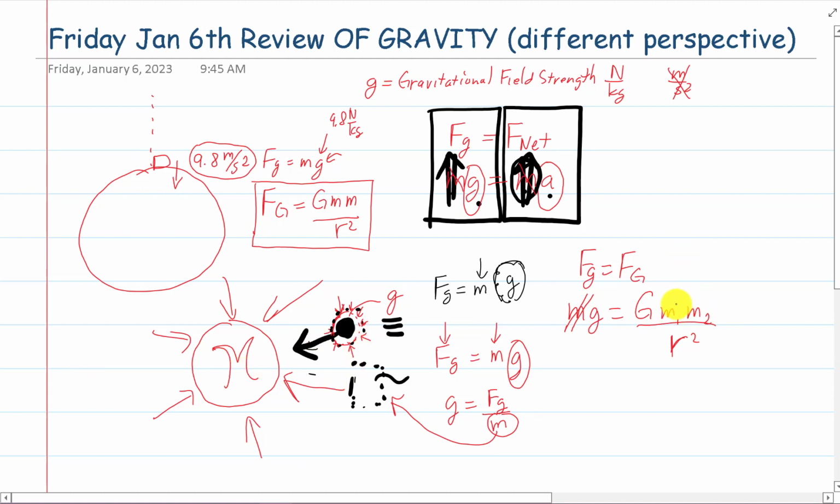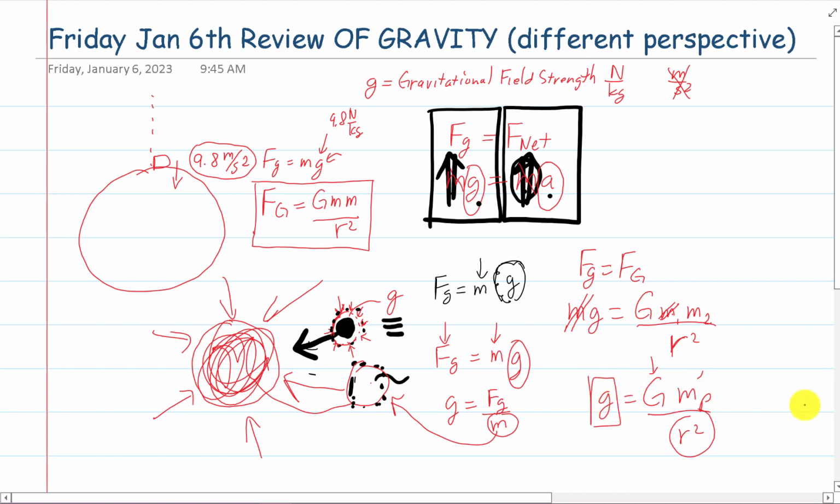But if I cancel out those masses, we can calculate g by going G times the mass of the object creating that gravitational field over how far away from it, r squared. So there's a g there. What's its value? Well, this constant times the mass of this Earth divided by how far away from it, squared. You don't need to place anything in there to create that gravitational field that's there.